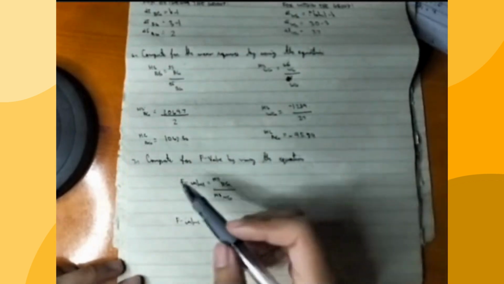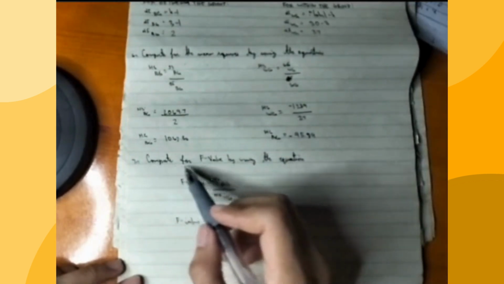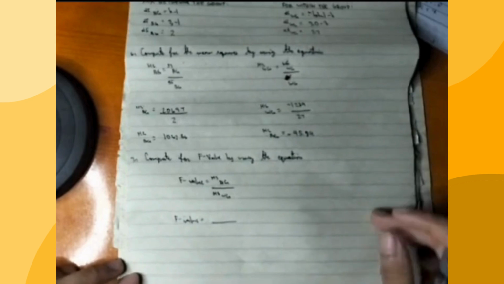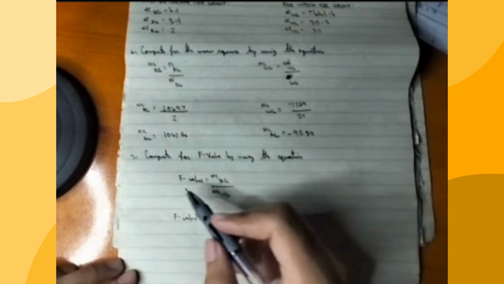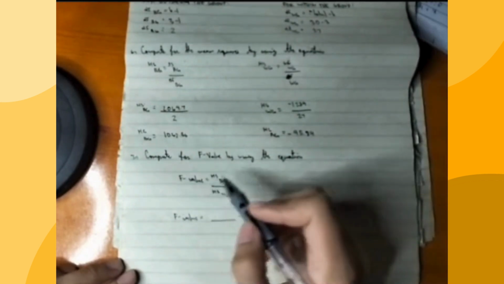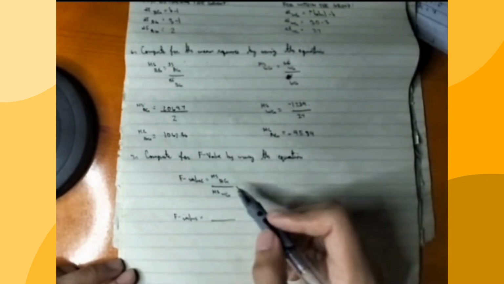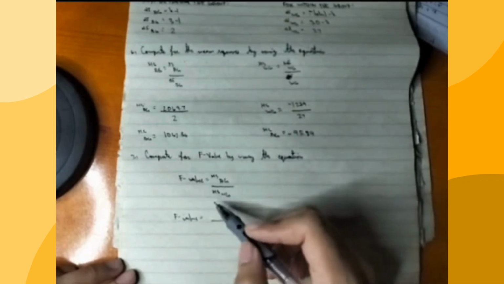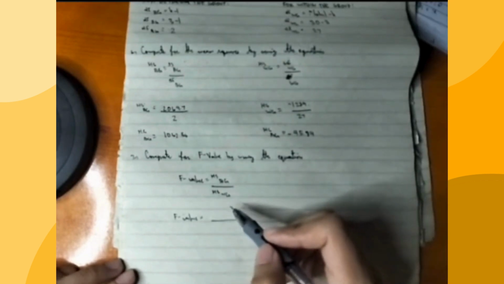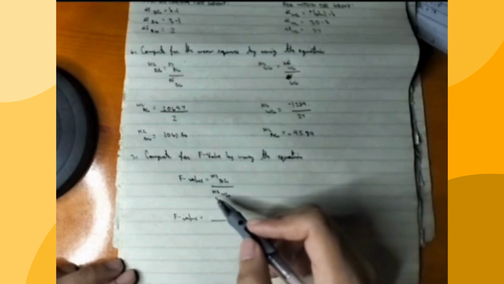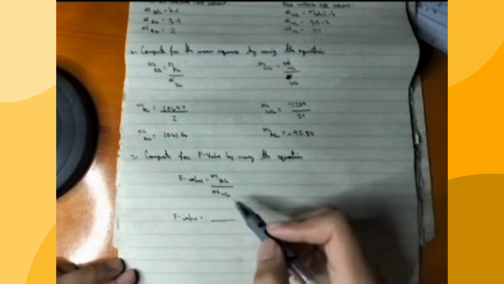And then the last step, the 7th step, is to compute the F value by using the equation. So to solve this, we have the formula of F value equals mean square between the group divided by mean square within the group.